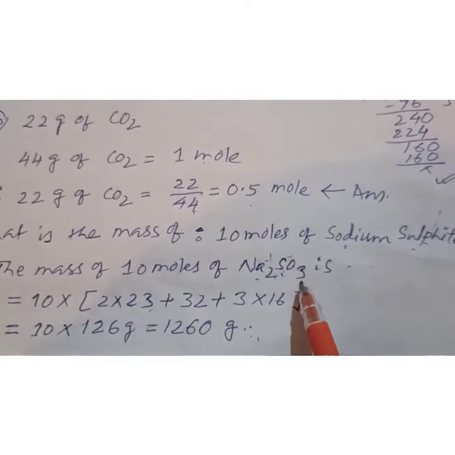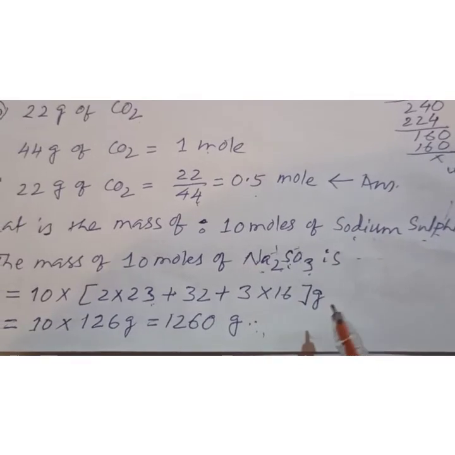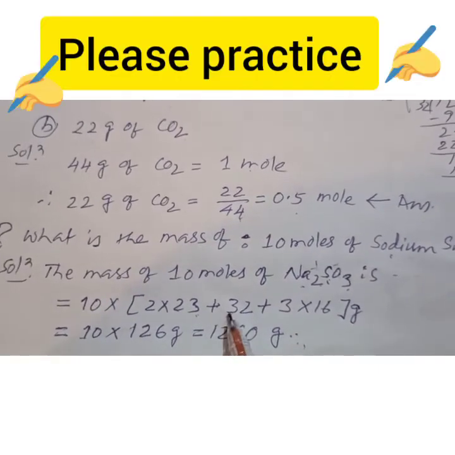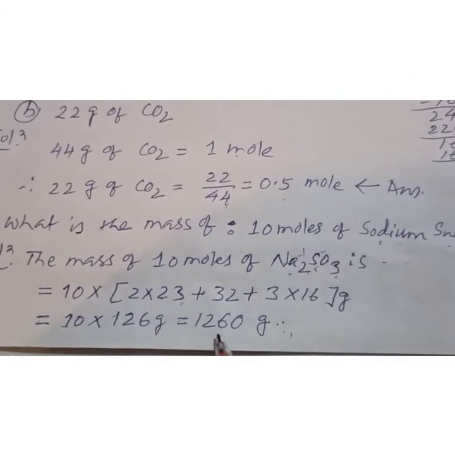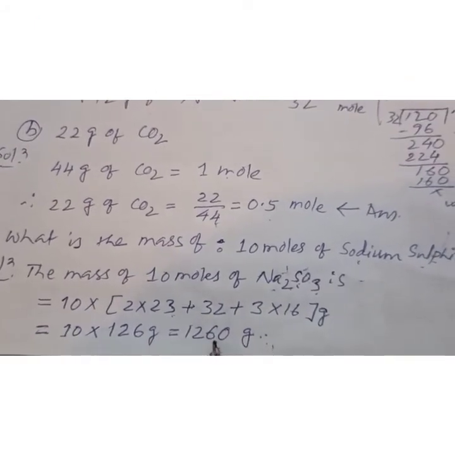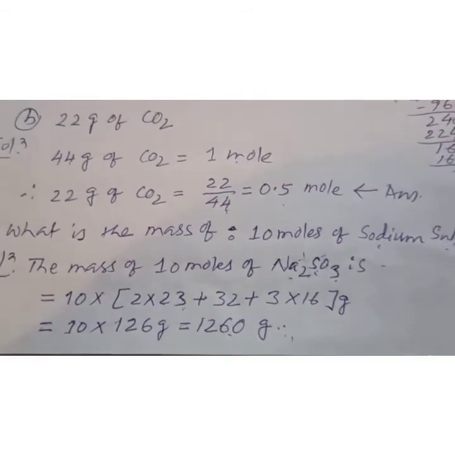The number of oxygen atoms is 3. So you write 3 into 16 or 16 into 3. After calculating this, we get the result. The molar mass will be 1260 grams. So this is your answer.